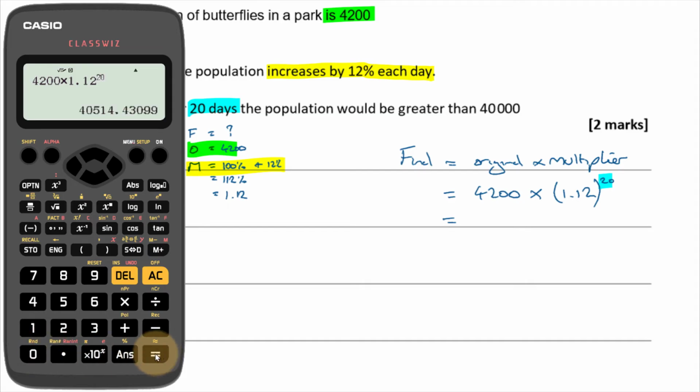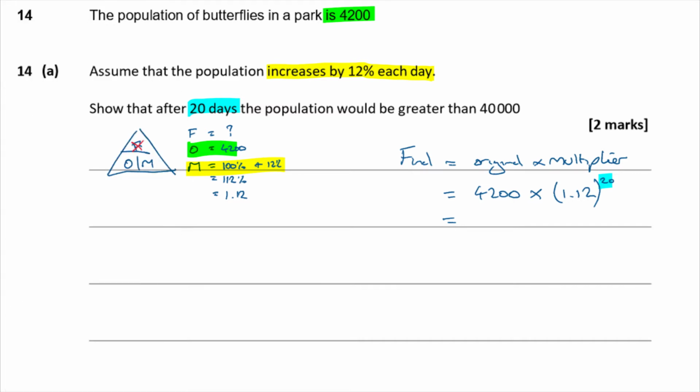That comes to 40,514 butterflies. And one looks like a squidged one, 0.43099 of a butterfly. Let us not dwell upon part of a butterfly. 40,514.